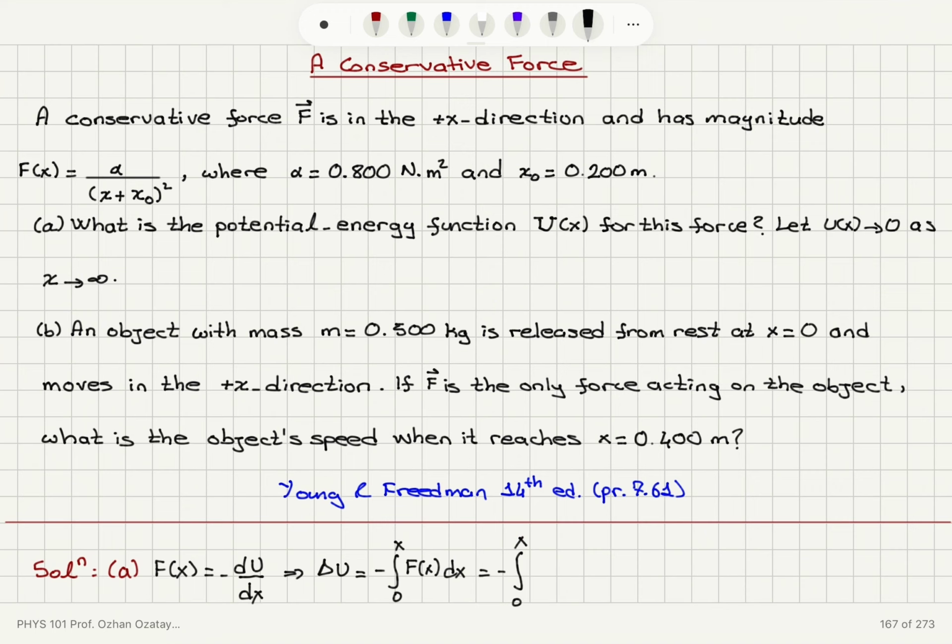For F of x we substitute alpha divided by (x plus x0) squared dx. In order to perform this integration, let y stand for x plus x0 so that dy is equal to dx.